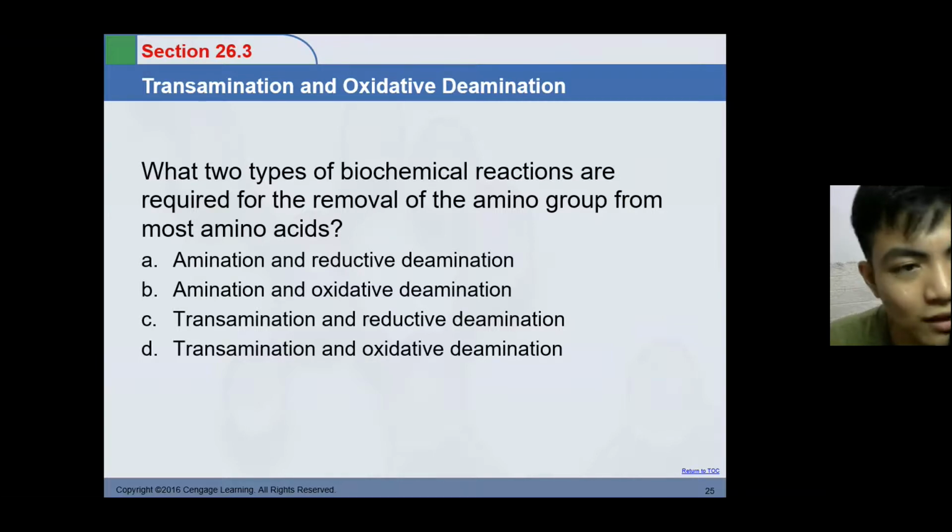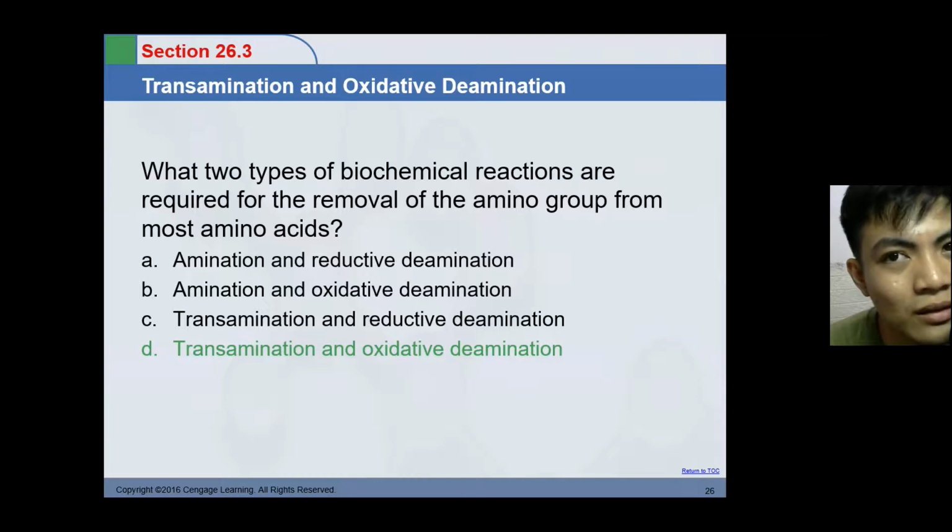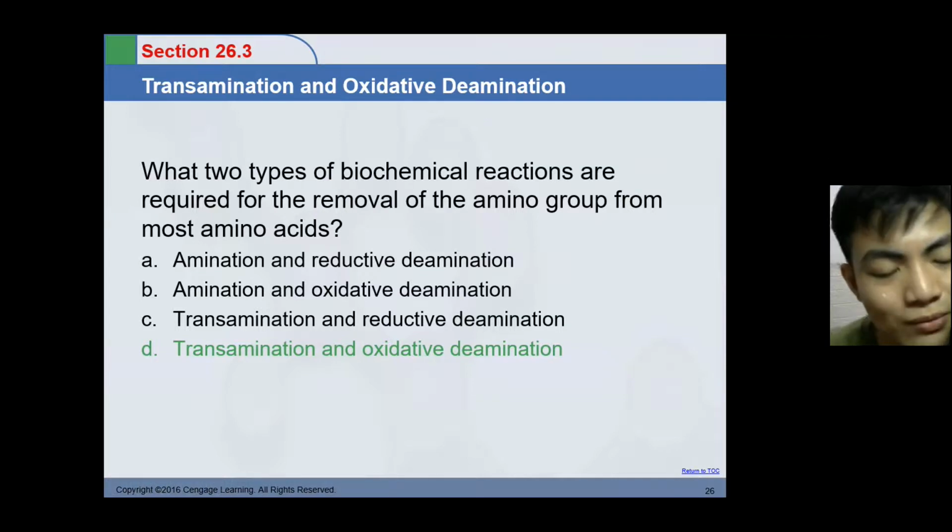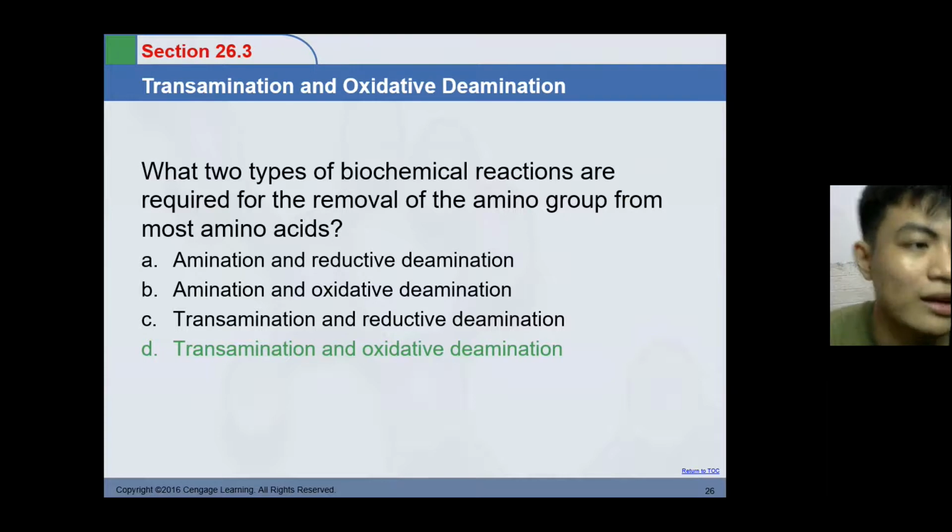Edi obviously, yung dalawang diniscuss natin, the transamination and the oxidative deamination. Okay? Tandaan nyo, kapag removal, included dun yung pag-transfer and yun yung ginagawa natin sa transamination. Sa oxidative deamination naman, ito yung literal na tinatanggal mo talaga yung amino group para maging ammonia. Okay? So, yan.